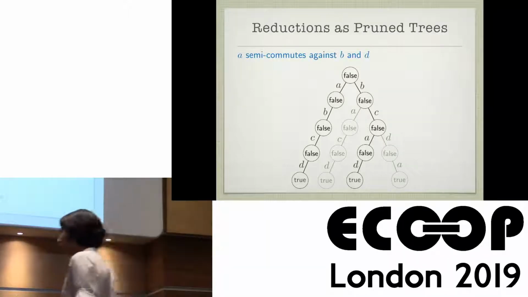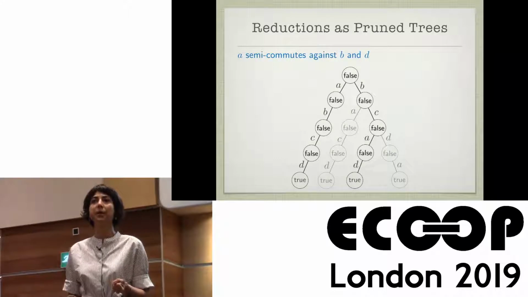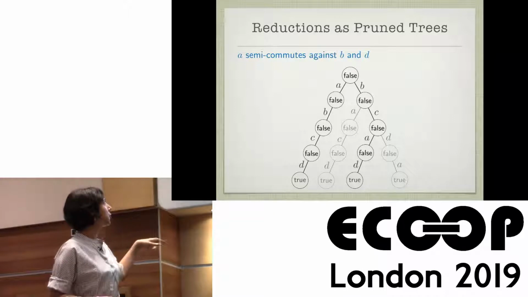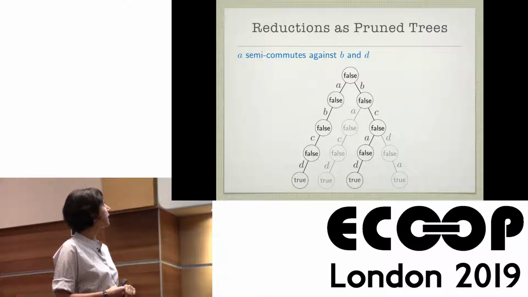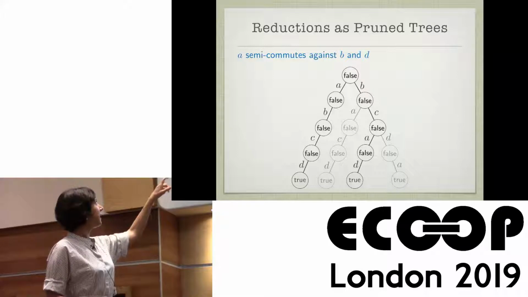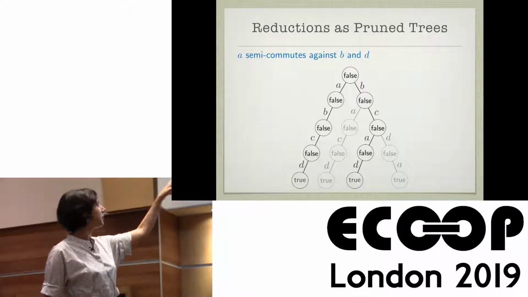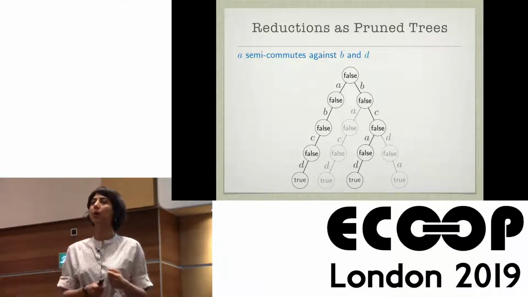Once I know how to represent languages as infinite trees, I can represent reductions of languages, especially up to commutativity, as pruned trees. So for the tree that I showed you, I can say that if A, for example, semi-commutes against B and D, and A, B, and D are program statements, just schematically, and I'm exploring this tree in a prefix traversal, if I first see the left branch, then the grayed out branch that you see there is an equivalent word that I can drop up to commutativity.